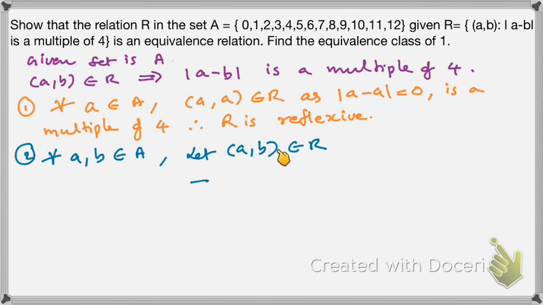So I start with the assumed result that A is related to B. What does that mean? Modulus of A minus B is a multiple of 4.